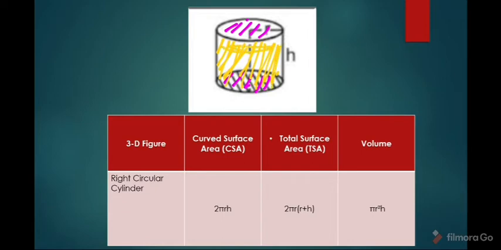This yellow part, the curved one, is considered the curved surface, and its area is equal to 2 pi r h, where r is the radius of the top face and the bottom face.